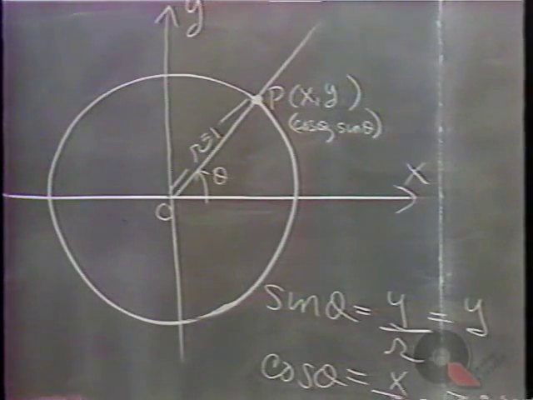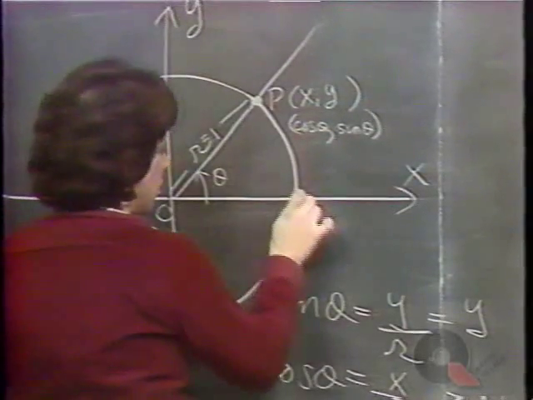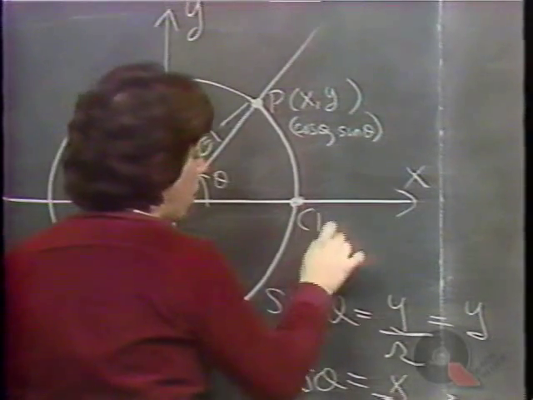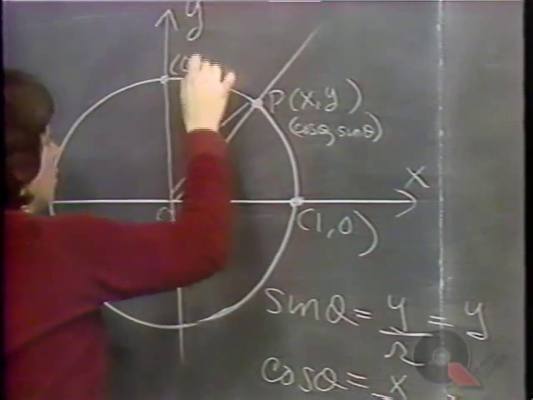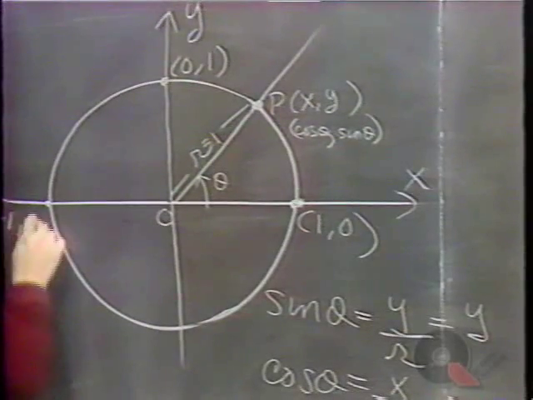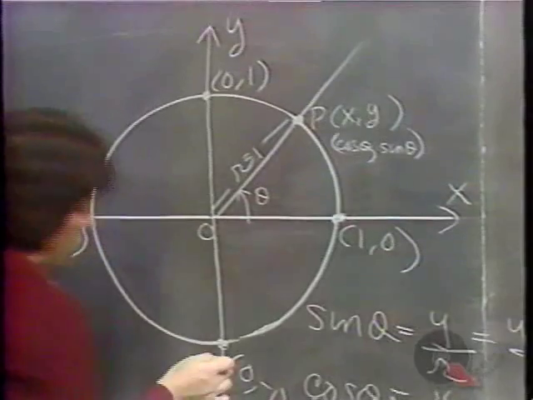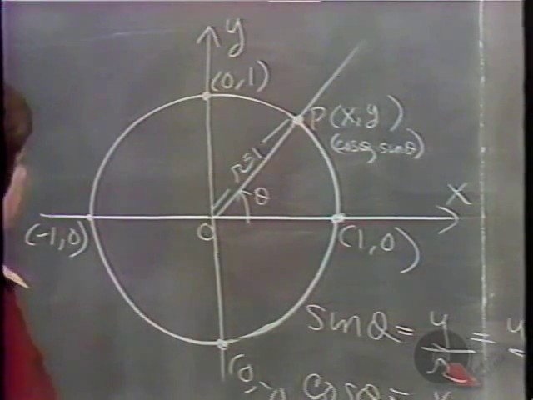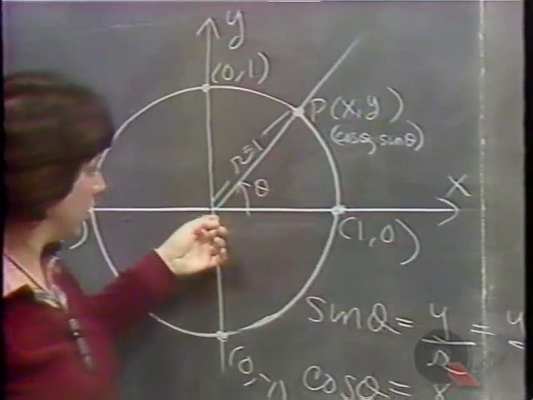Now, if this is a unit circle, it may not look like one, but if it is a unit circle, then clearly this must be the point 1, 0. This must be the point 0, 1. This must be the point minus 1, 0. And this must be the point 0, minus 1. It's a circle centered at the origin, radius 1.